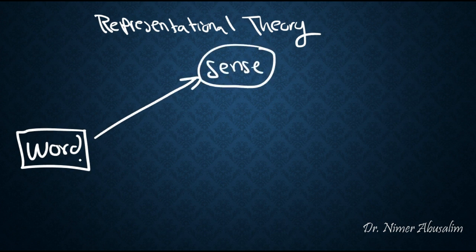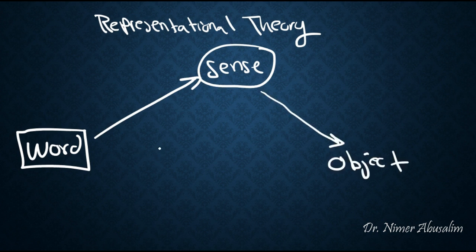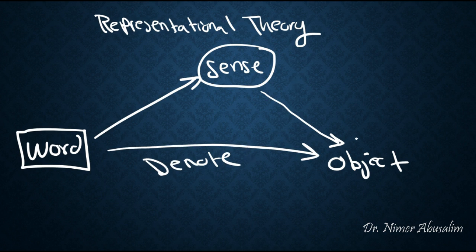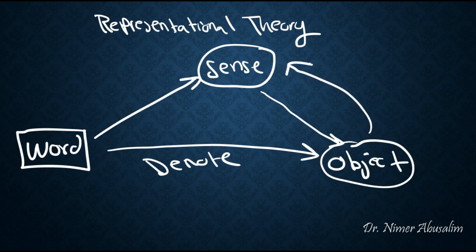Meaning is the relationship between a word and the sense or the mental representation that we have in our minds. Like we said, this sense or mental representation is what determines which objects in the world the word can denote, and it determines which objects in the world can be examples of or instances of the concept we have in our mind.